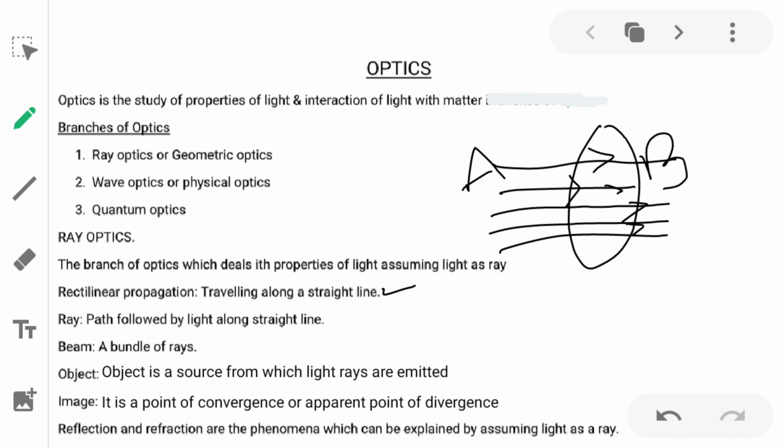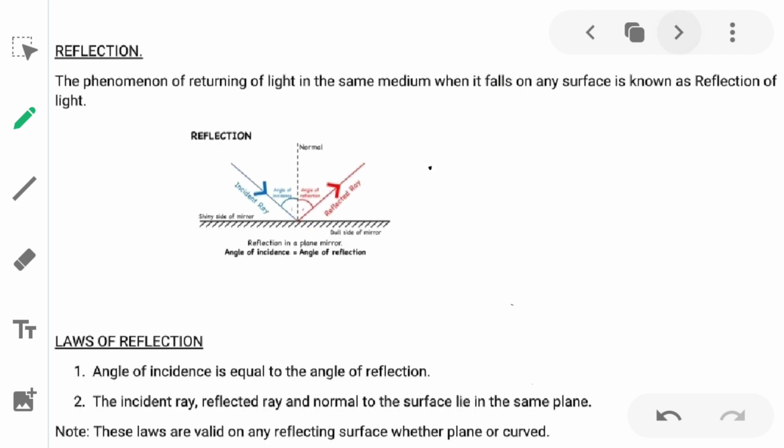Reflection and refraction are the phenomena which can be explained by assuming light as a ray. Reflection in general you can say is a bouncing back. For example, if you throw a ball at a wall, it bounces back on the same side.